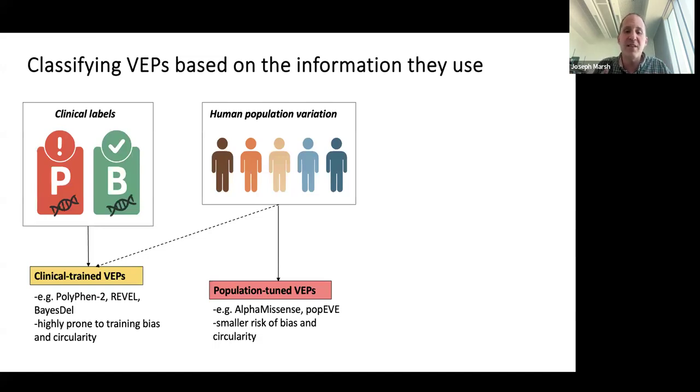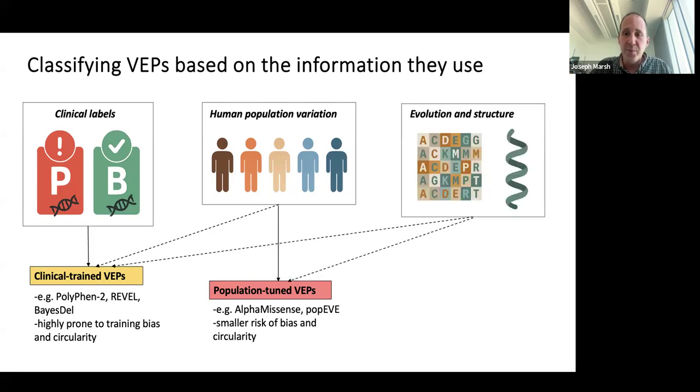So there's still a risk of bias and circularity there, but it's greatly reduced. And then the thing that has actually really driven most variant effect prediction is the use of evolutionary information.